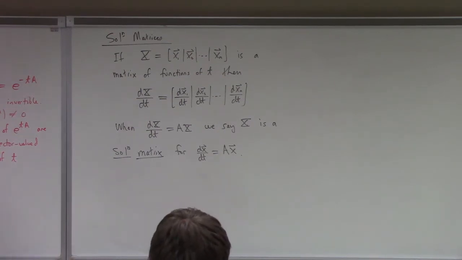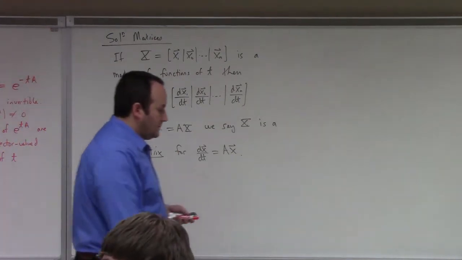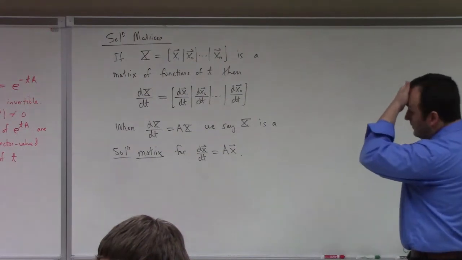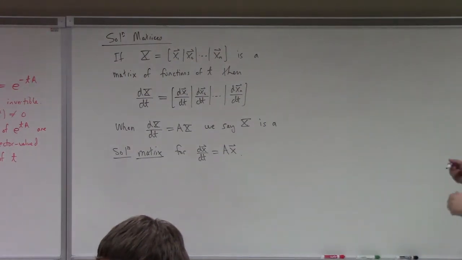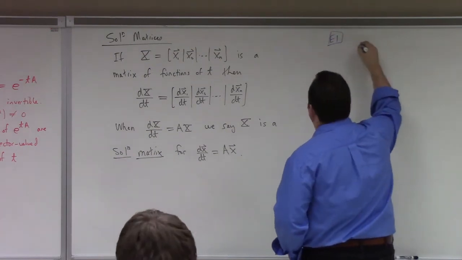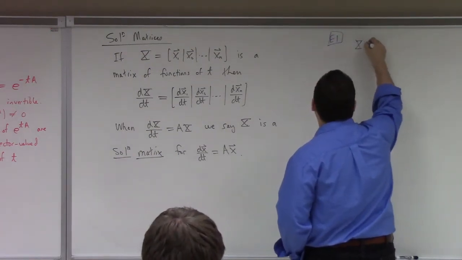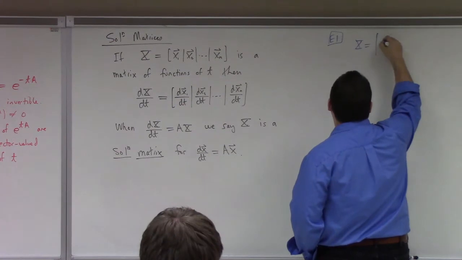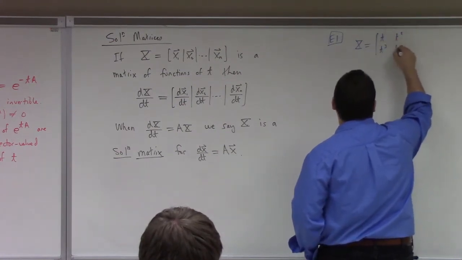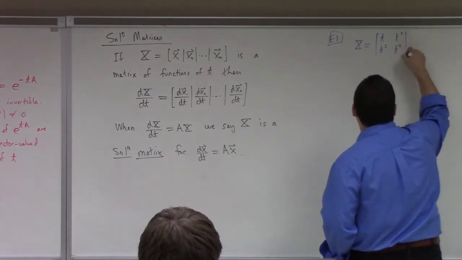Yep. Question. I'm looking at your notation for the top matrix, and you have those lines in between. How would that be represented in matrix form? Sure. We could have t squared, t cubed, t to the fourth.